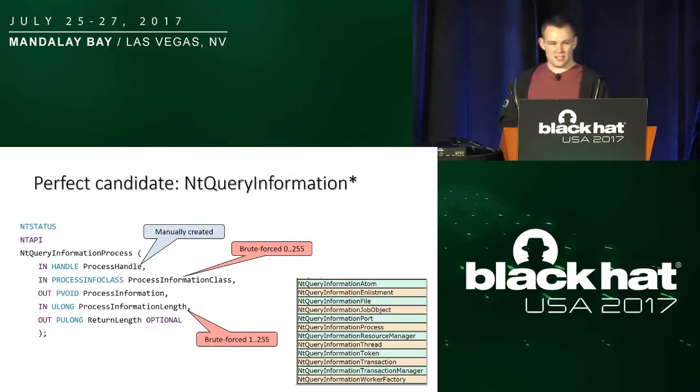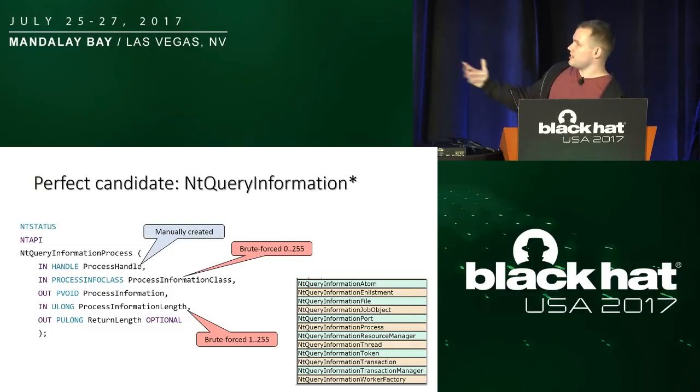The perfect candidate to test in this way is the family of NtQueryInformation system calls, which have a very common structure. We have a handle to the object that we want to query, some information class, which is just a simple integer, and a pointer and size of the output buffer.